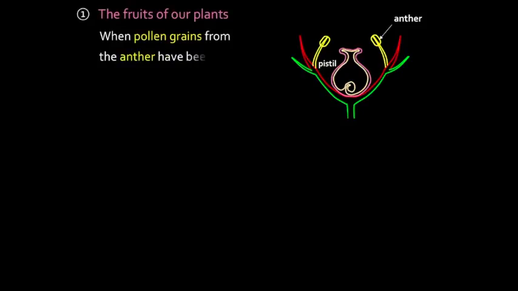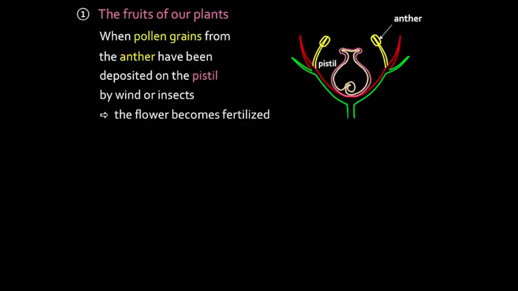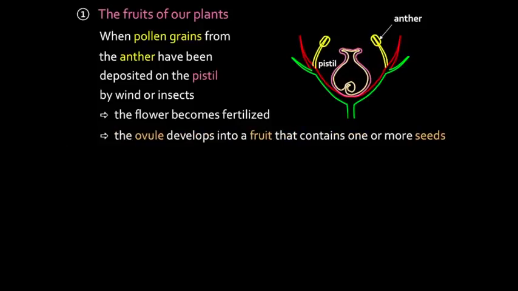When pollen grains coming from the anther have been deposited on the pistil, either by wind or by insects, the flower becomes fertilized and the ovule develops into a fruit that contains one or more seeds.